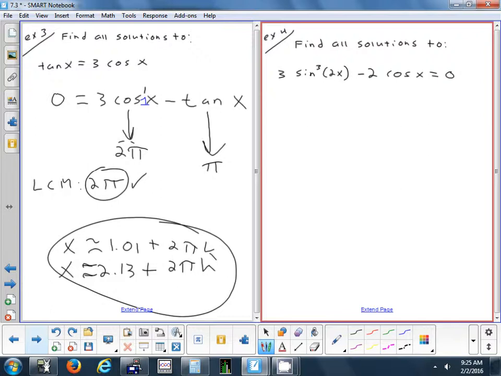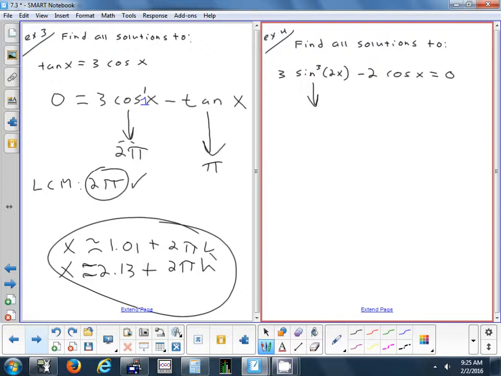All right, so here's a problem where there's a periodic term where b is not 1. B is 2. So what's my formula for sine to an odd power? 2 pi over b.